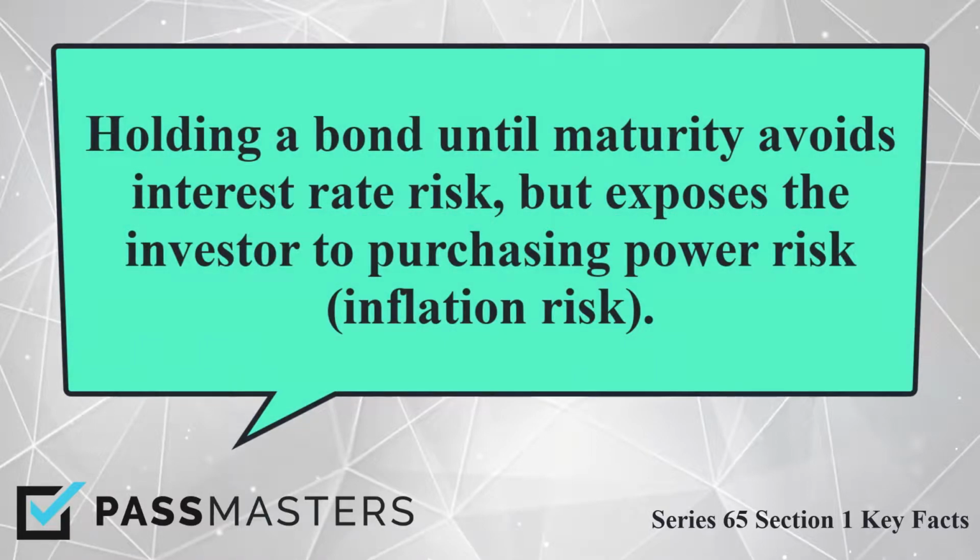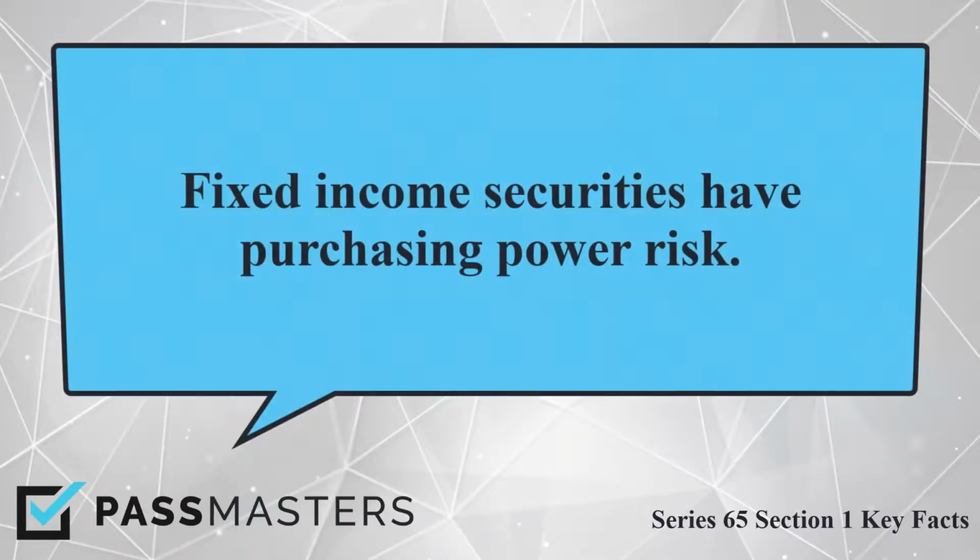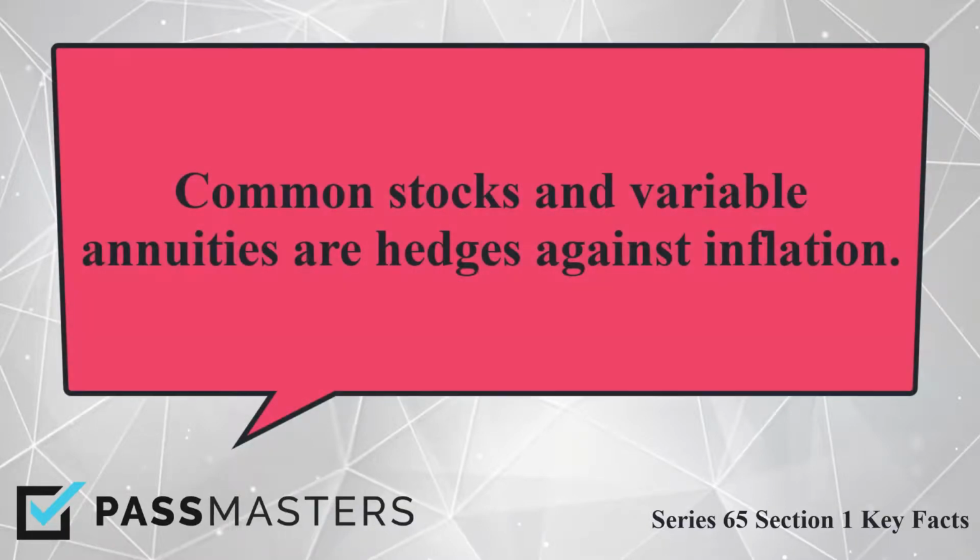Holding a bond until maturity avoids interest rate risk, but exposes the investor to purchasing power risk, inflation risk. Fixed income securities have purchasing power risk. Common stocks and variable annuities are hedges against inflation.